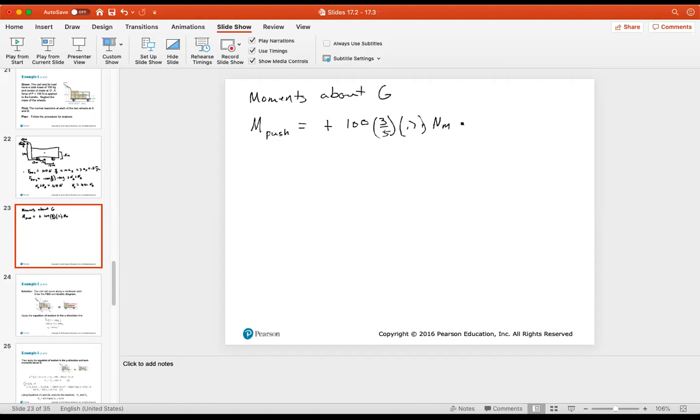And then there was a clockwise rotation, so a negative rotation coming from the horizontal component, and that will be 100 times 4/5 times, and that had a 0.7 as a kind of lever arm there too. And ultimately you get 1/5 times 0.7. So that would be 20 times 0.7. That would be 14. Okay, so this is the moment coming from the push.